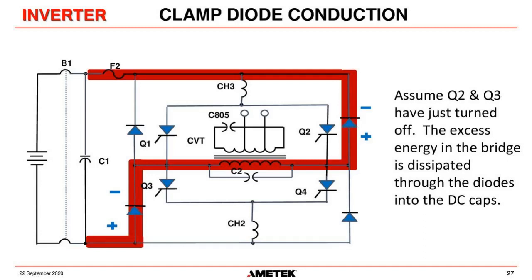And so CH3 and CH2, those we call commutating chokes, they hold off the current from rising real fast. And our capacitor C2 sneaks in there. And I don't show the discharge path here because it's kind of complex, but it forces the SCRs off at the end of their cycle. So Q1 and Q4 turn off when Q2 and Q3 turn on.